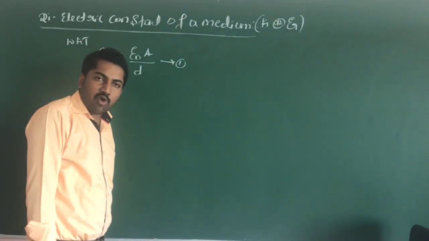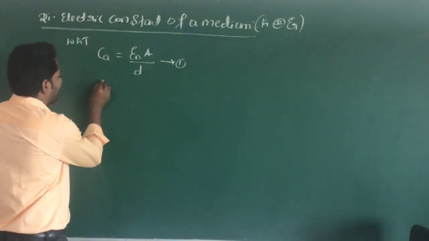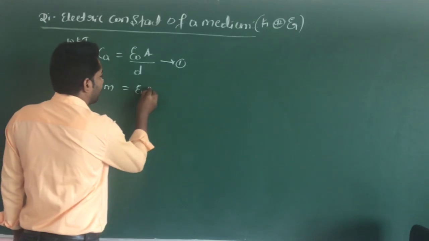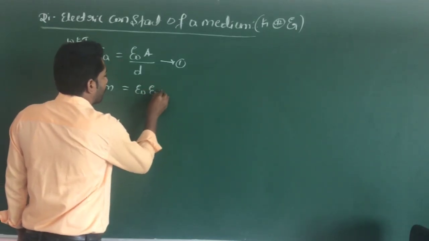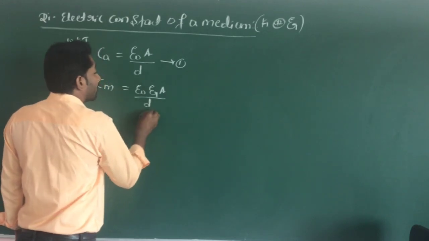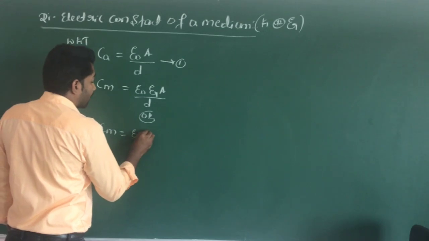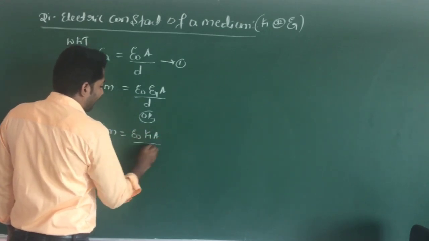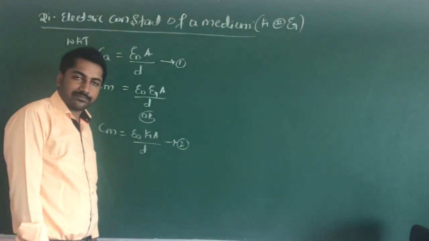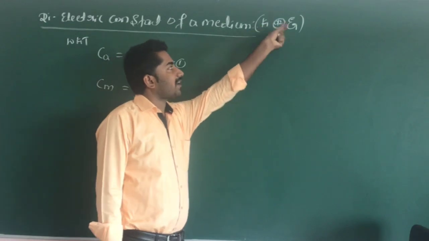But the capacitance of a parallel plate capacitor with a dielectric medium is Cm is equal to epsilon naught into epsilon r into A divided by D, or you can also write Cm is equal to epsilon naught into K into A divided by D. This is equation number 2.